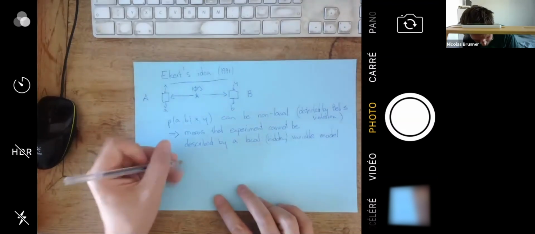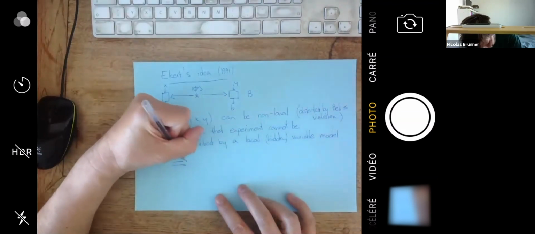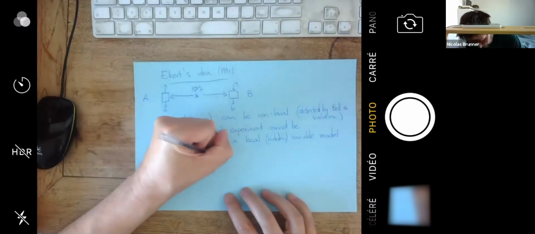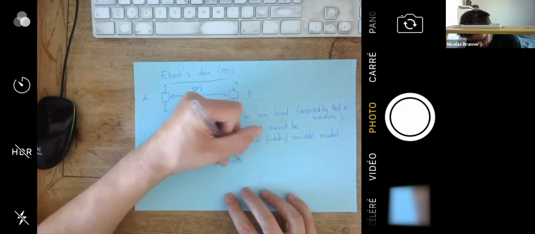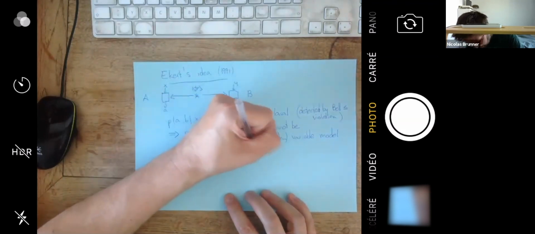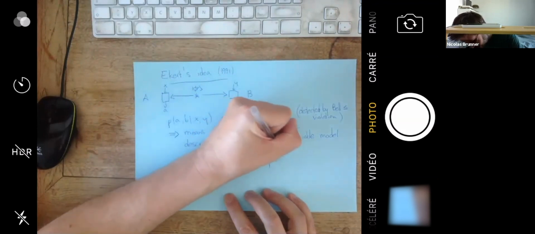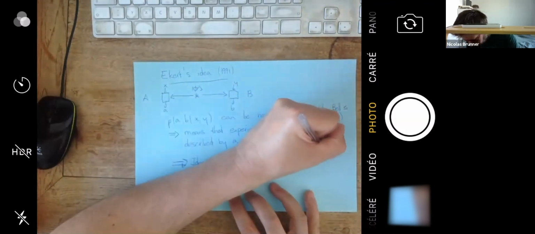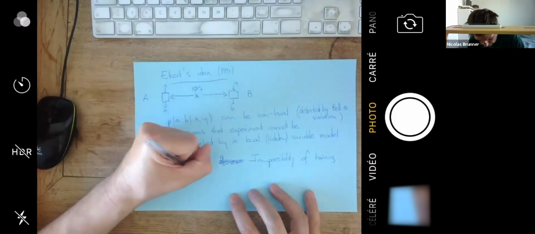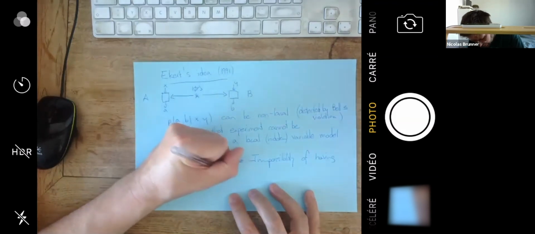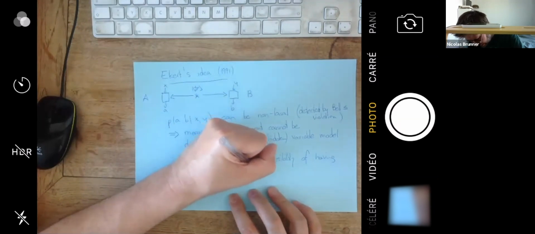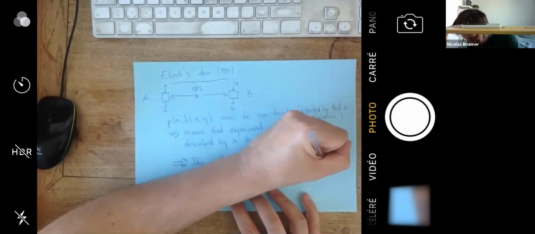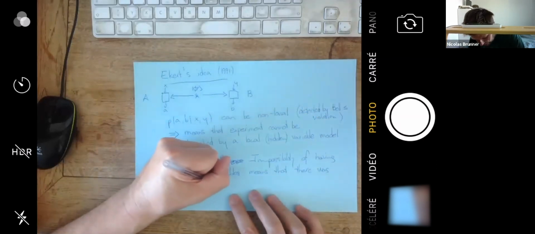Let me just write this. So the idea of Ekert is that the impossibility of describing or having local variables means that there was no eavesdropper.